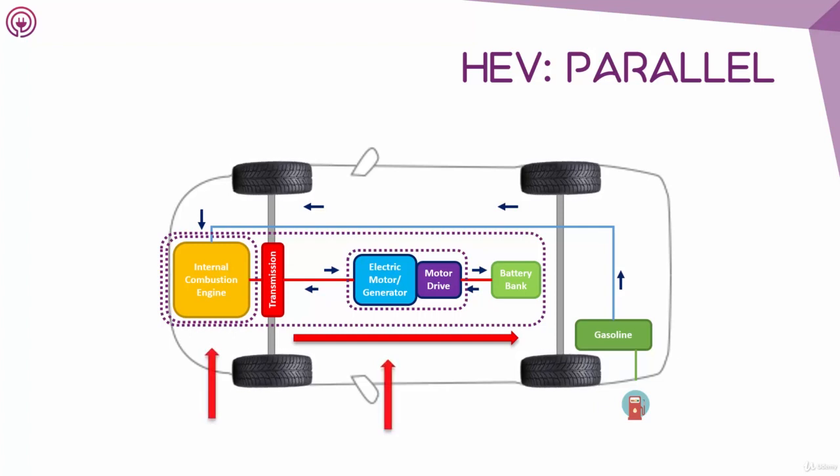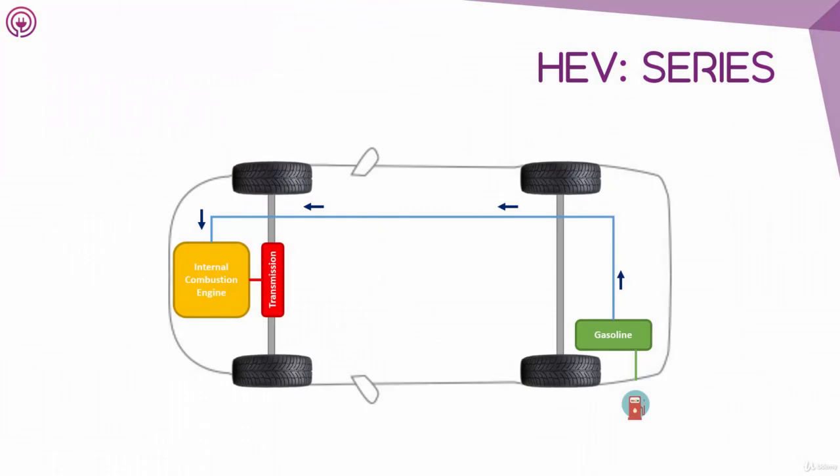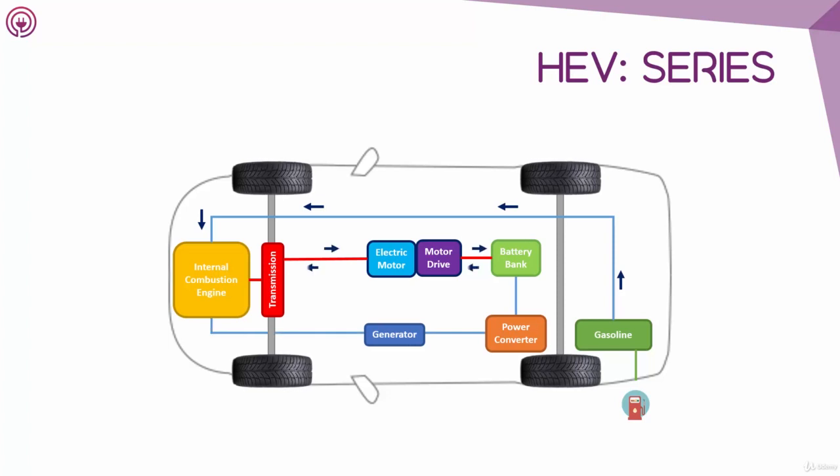What we have just observed is a parallel hybrid design, where both the motor and the engine can power the wheels simultaneously. A series hybrid electric vehicle, on the other hand, works in a different way. The IC engine is used to drive a generator and give electrical torque to the electric engine and to charge the battery.